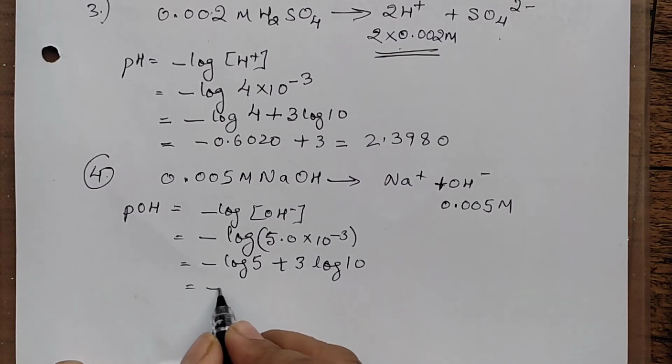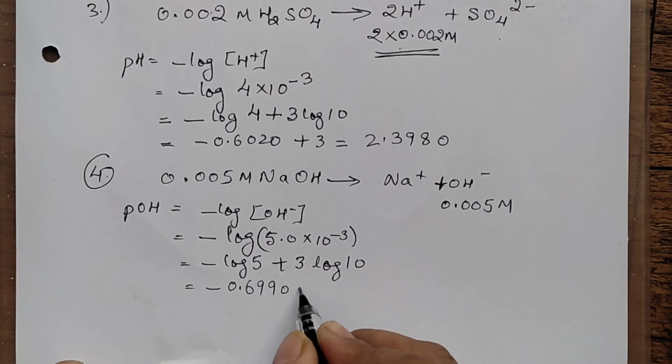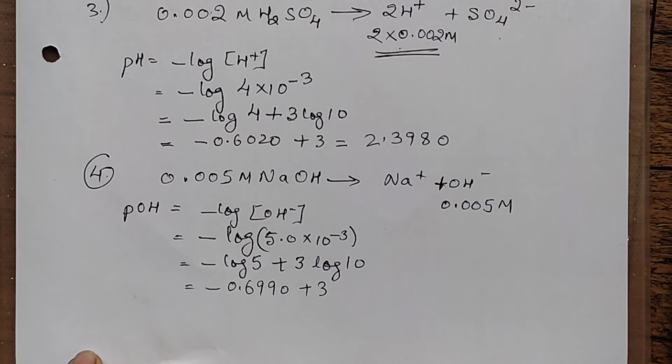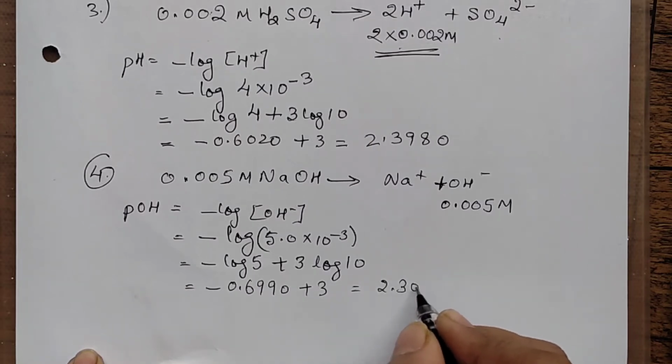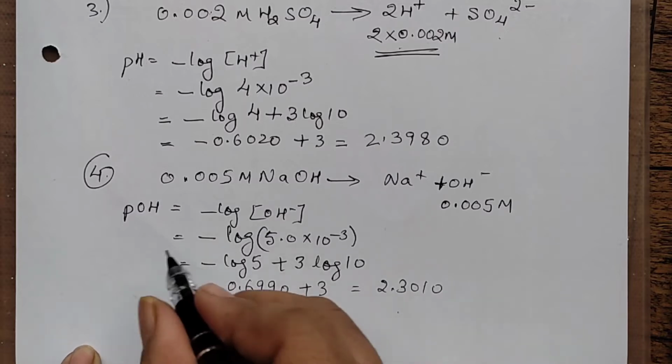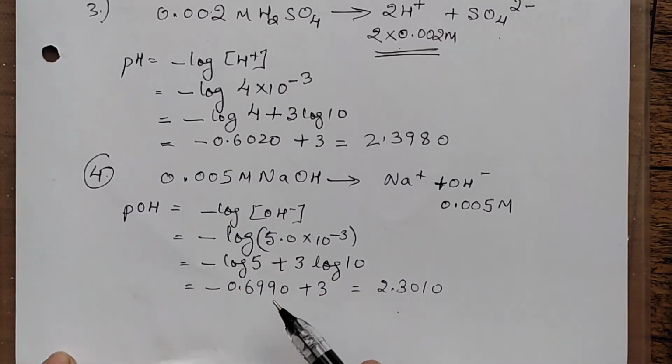Log 5 value we will check from the log table. It is 0.6990 and this is 3. Now you subtract it from it, you will get it as 2.3010. This is pOH, right? So for a base pOH you will get it.